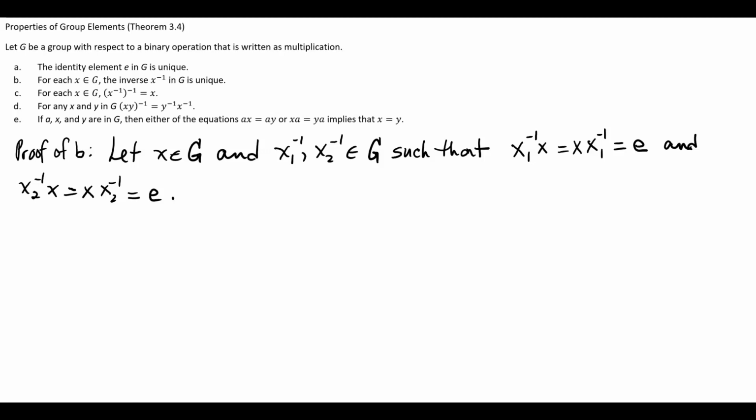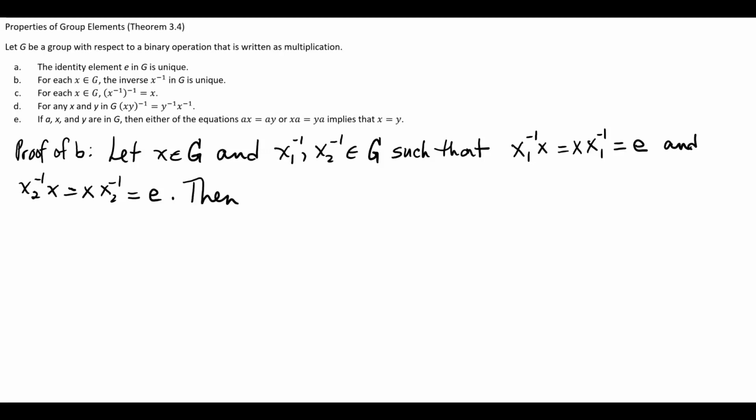And if I multiply x2 inverse times x in either direction, I will get the identity element. So what I'm saying here means that we have two elements that are inverses for this value of x. We need to show that these two values have to be equal to each other.